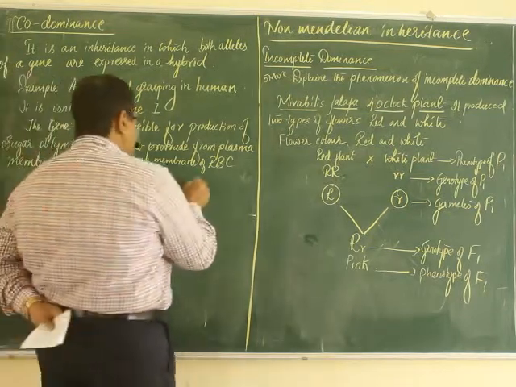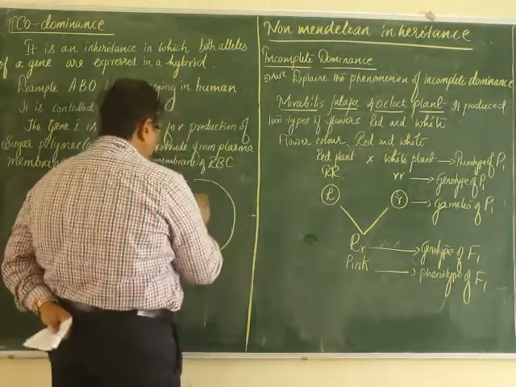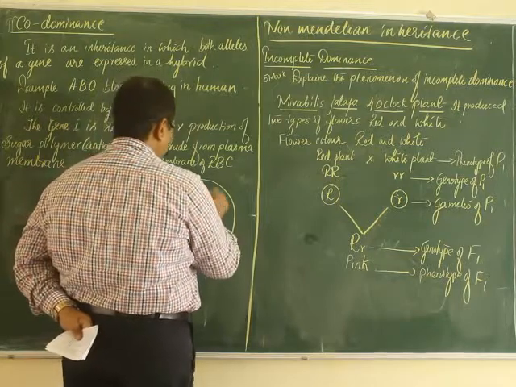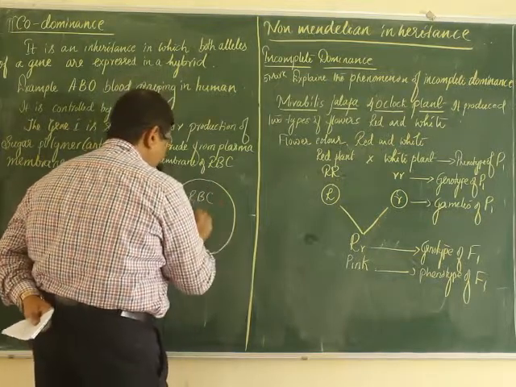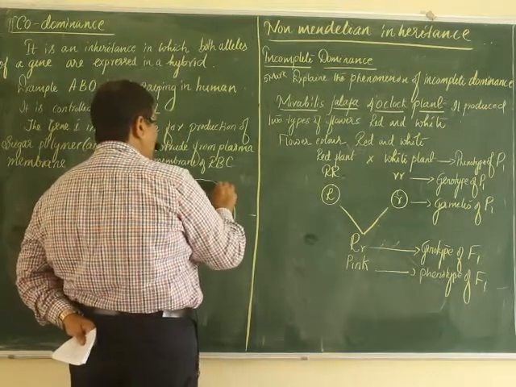Then the B blood group RBC will have the sugar polymer like this.